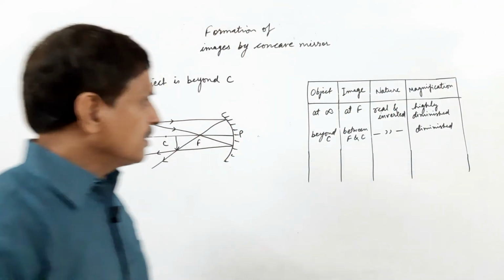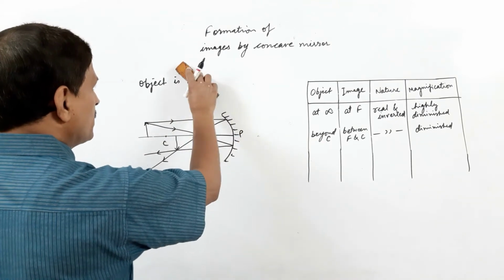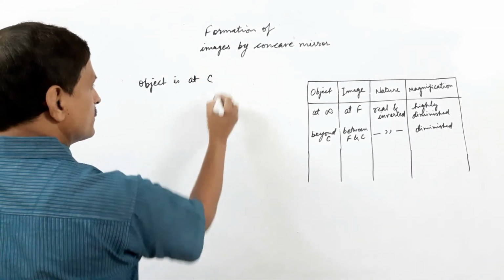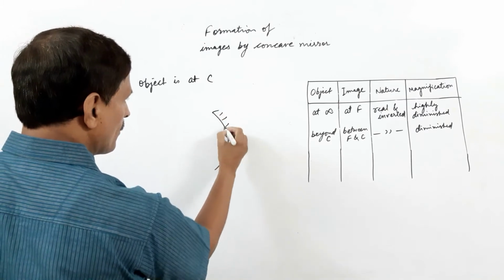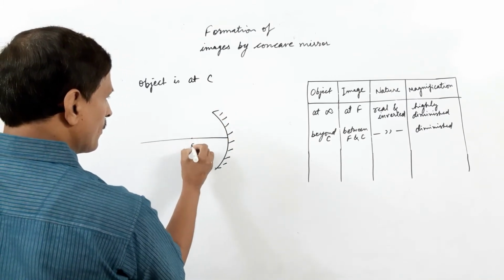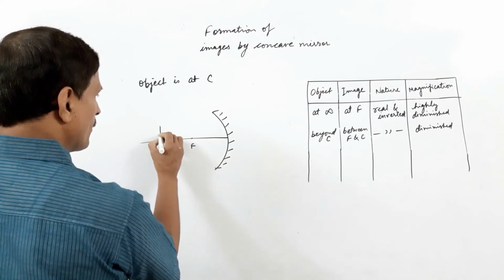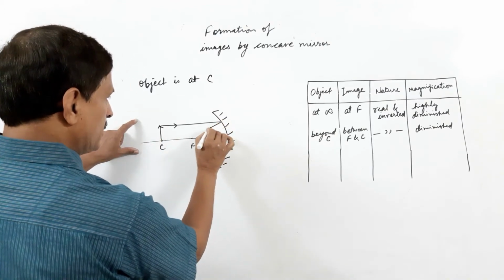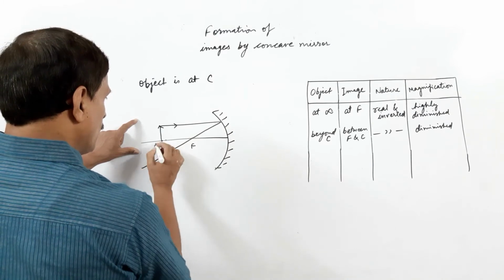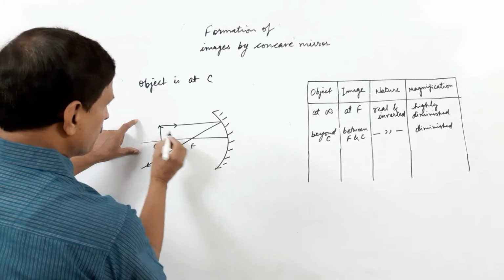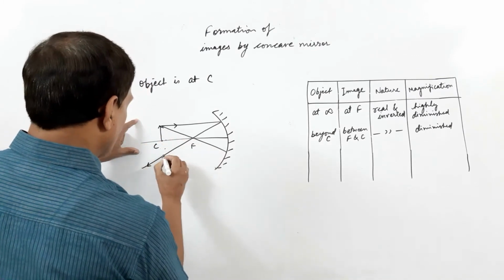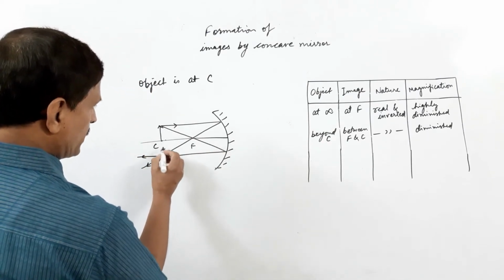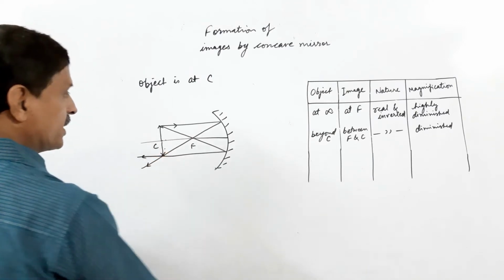The third case, when the object is at the center of curvature, a ray parallel to the principal axis after reflection passes through the focus. The second ray passing through the focus becomes parallel to the principal axis, and at the point of intersection of the two reflected rays, the image is formed.